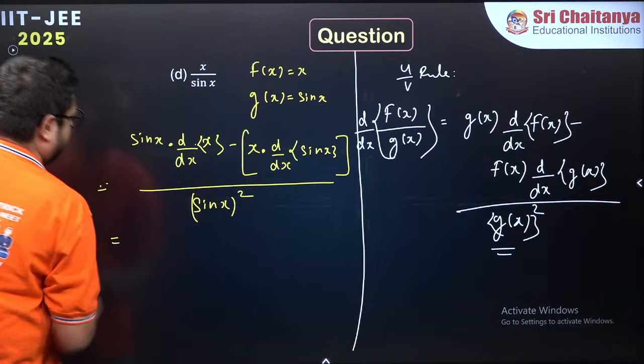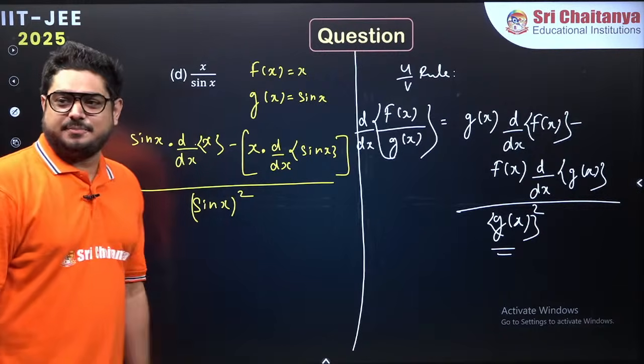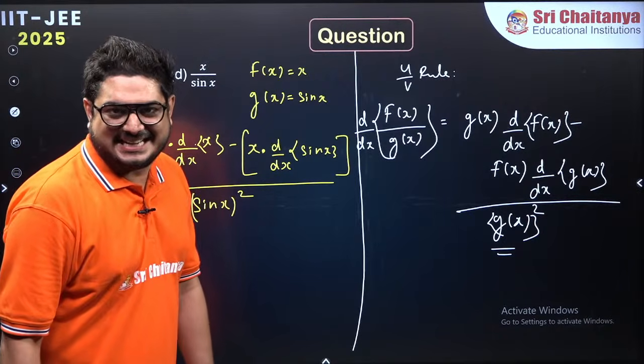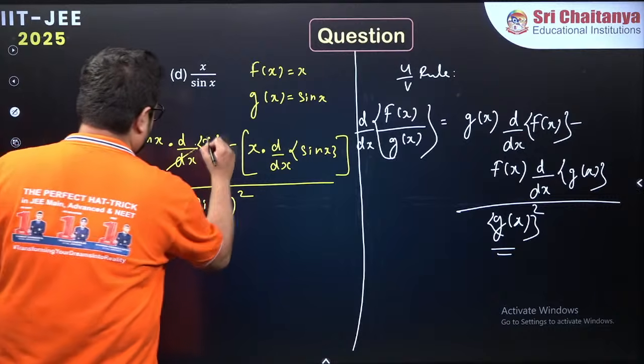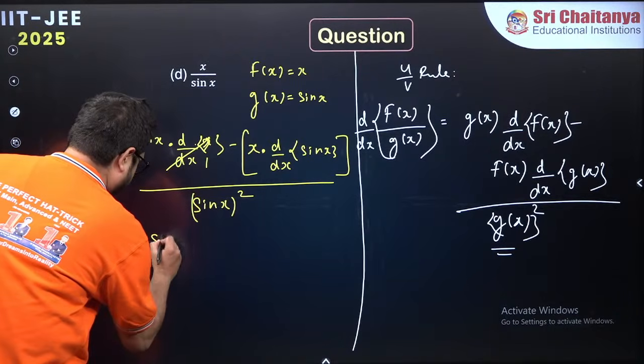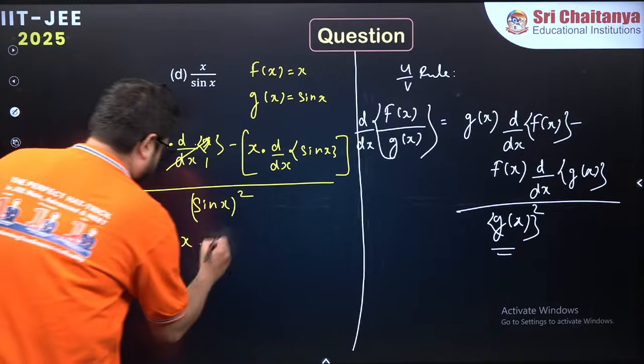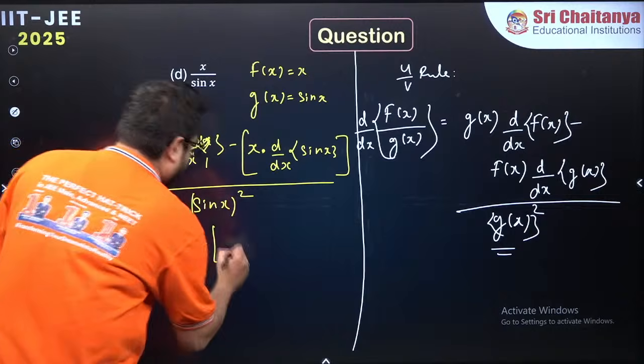So what I will be getting, d by dx of x is going to be equal to 1. So it becomes sin x minus of, what is d by dx of sin x?